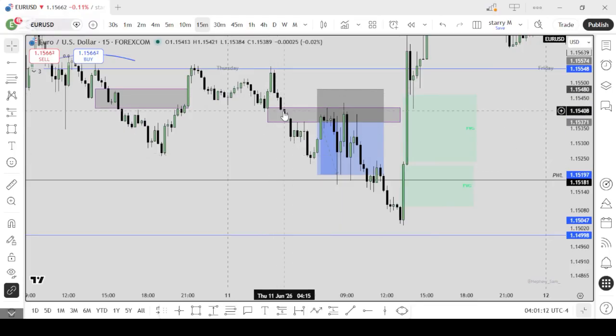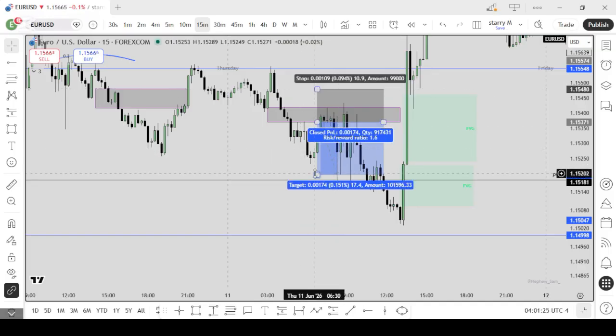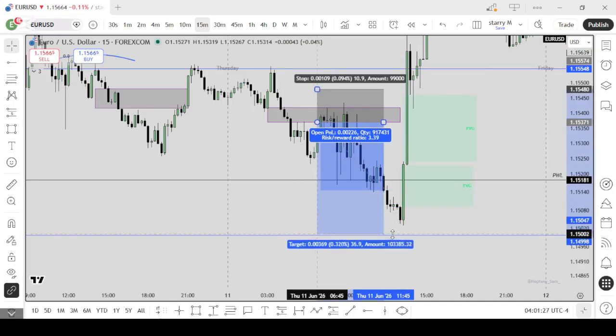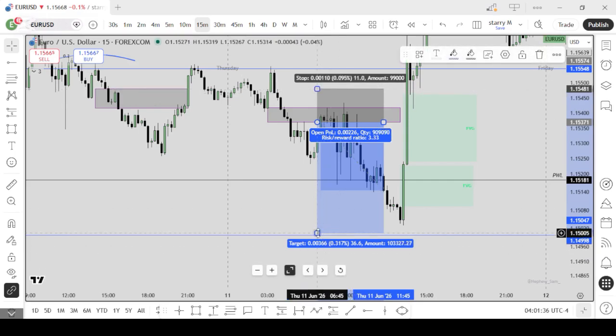And I entered off of that, and here there were many fair value gaps. So I assumed that there is no way it's going to come and take all these fair value gaps. Like, it made them for a reason, and it's not going to actually mitigate everything. So yesterday, I think it was something like this.